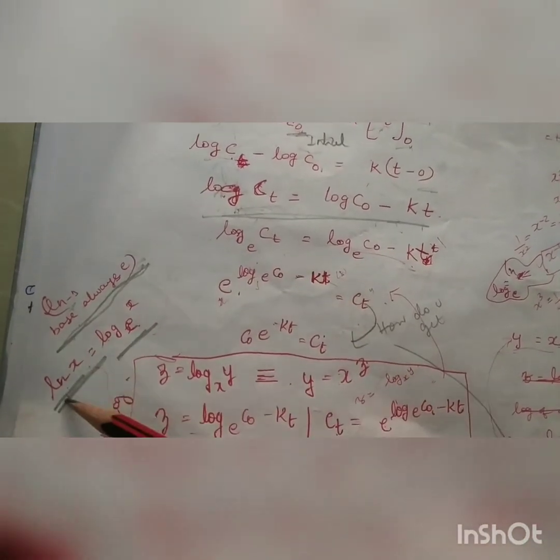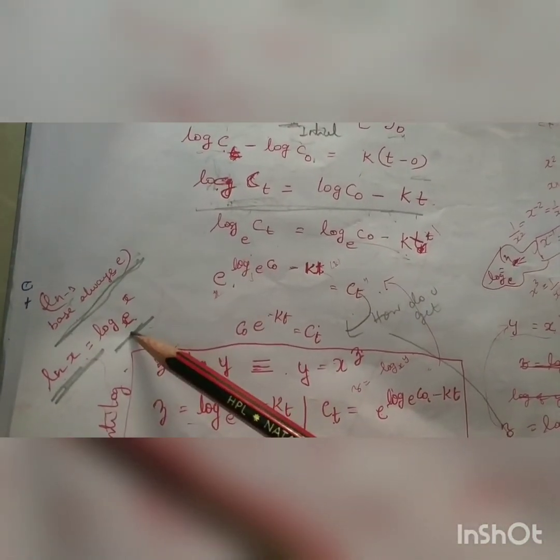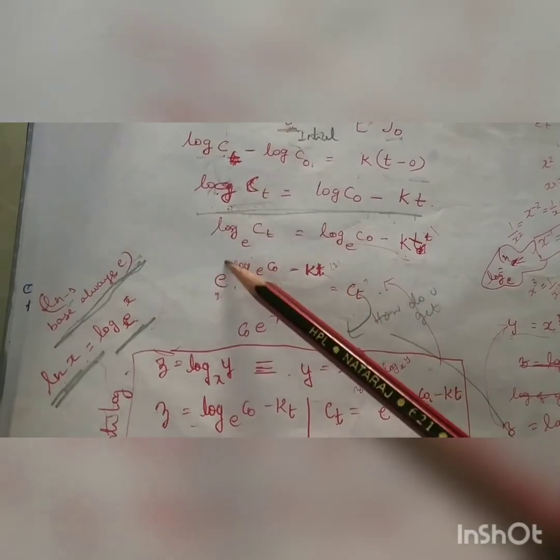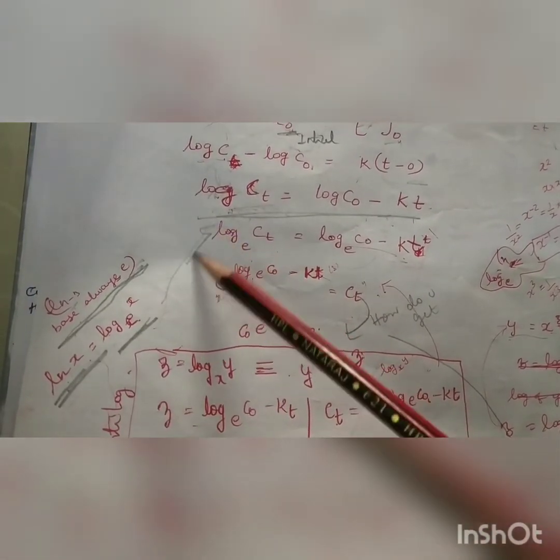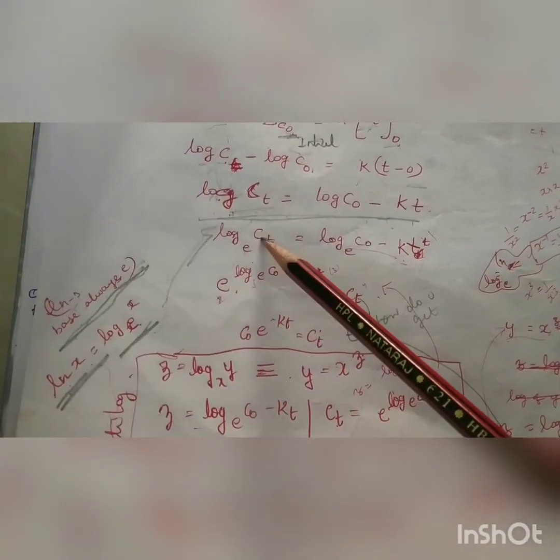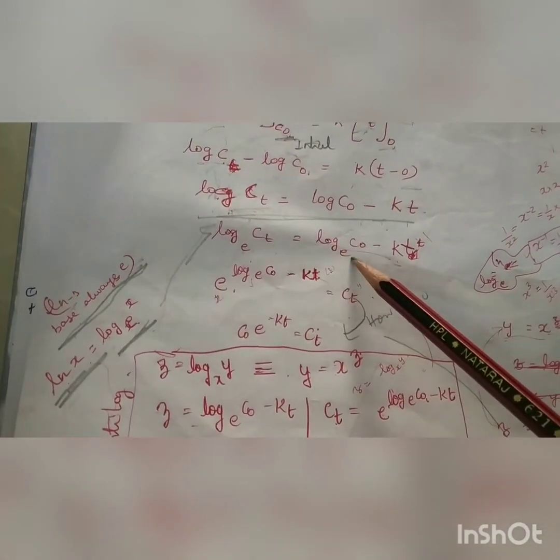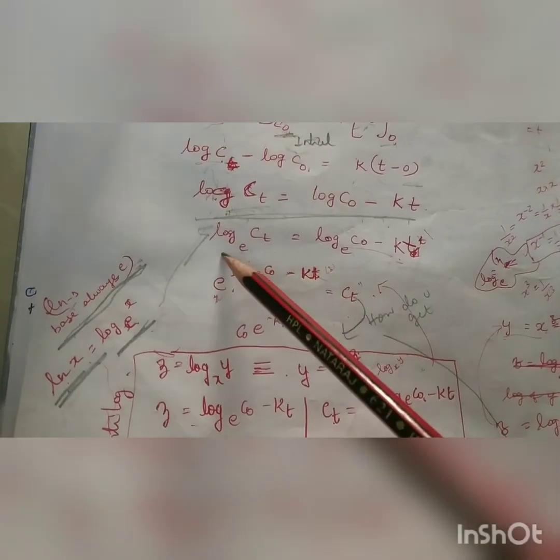So ln x or log x can be written like this. Here, instead of log we can write ln also. So this equation is written following this pattern: ln Ct, ln C0 by Ct equal to Kt.